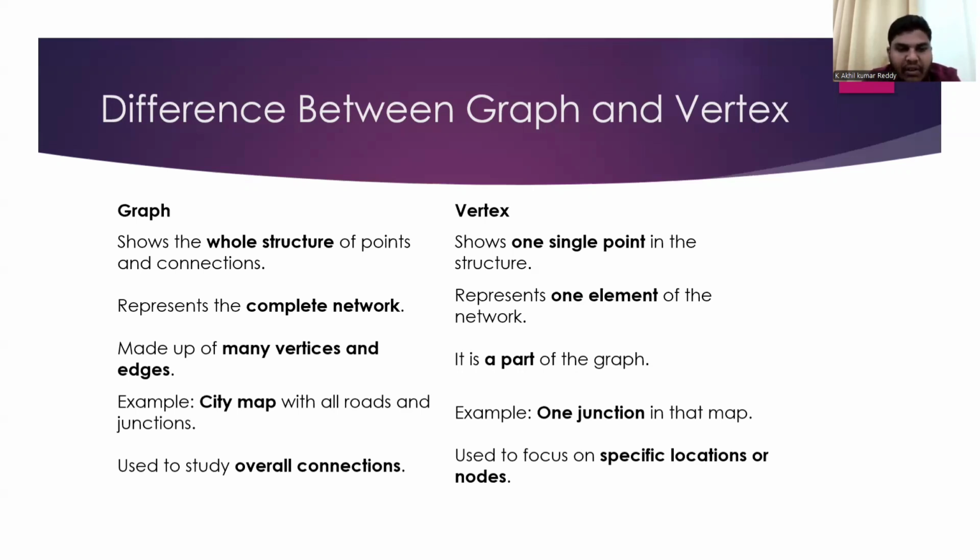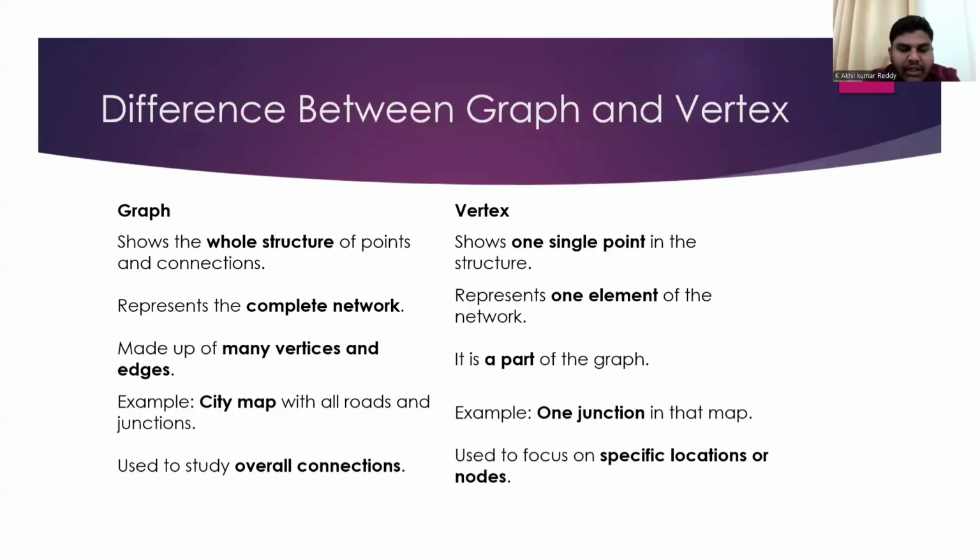A graph is made up of many vertices and edges. A vertex is a part of the graph. The example for graph we have discussed earlier is the city map with all roads and junctions, whereas the vertex we have discussed is one junction in that map.